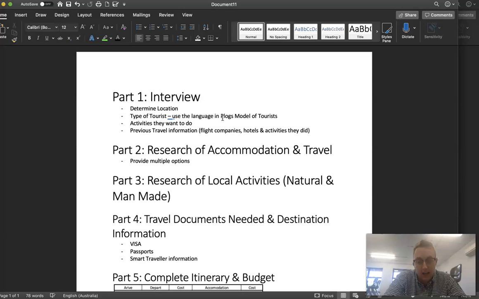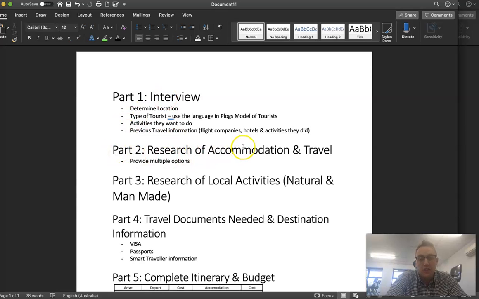So are they allocentric, psychocentric, or mid-centric tourists? And from that, you want to determine what activities they would want to do on their holiday, and also find out whether they have any previous travel information. Did they fly with certain companies? Did they stay in certain chained hotels, and what activities did they do? So that would be part 1.